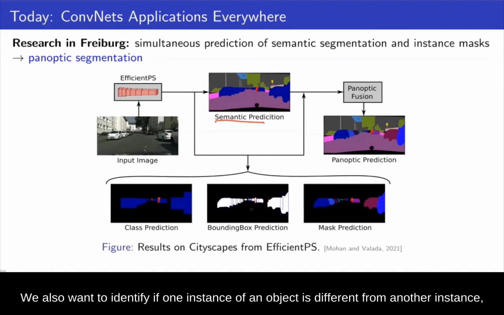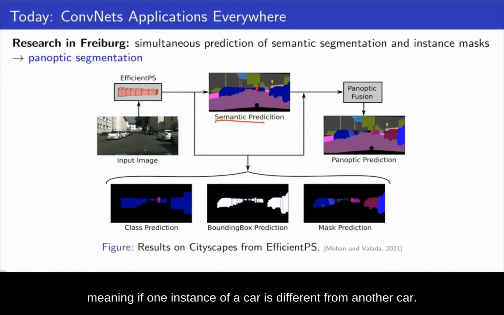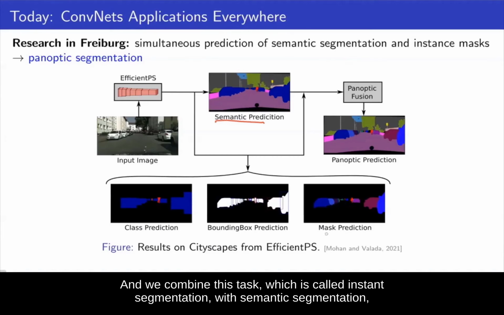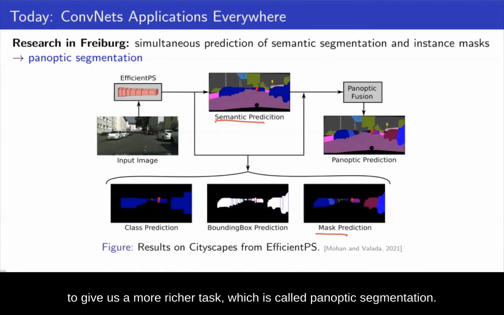And we also want to identify if one instance of an object is different from another instance, meaning if one instance of a car is different from another car. We combine this task, which is called instance segmentation, with semantic segmentation to give us a richer task, which is called panoptic segmentation. And this is some work here from Freiburg from my lab.